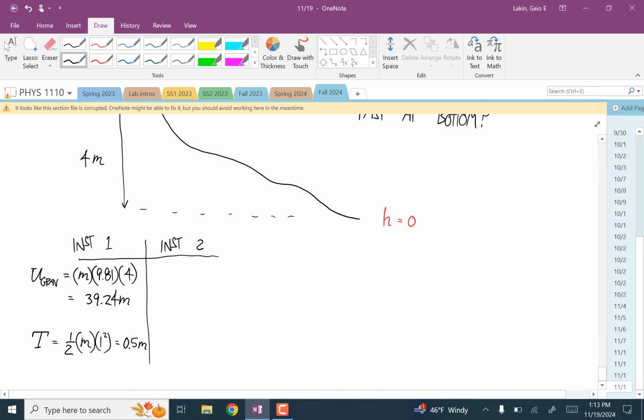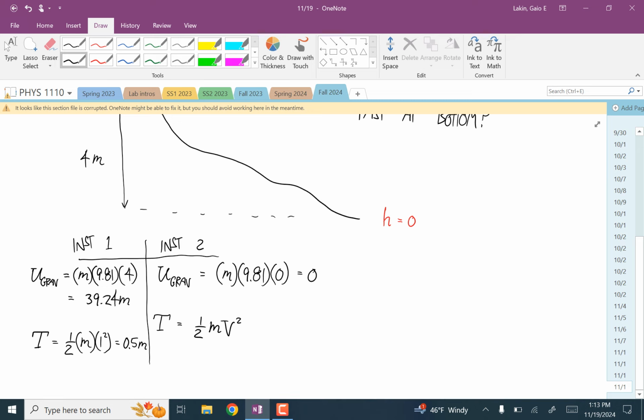And then at the bottom of the hill, the gravitational potential energy is m times 9.81 times a height of 0. So this all becomes 0. And then the kinetic energy, we're trying to calculate v, so I'm just going to write this as 1/2 times m times v squared. And we're going to hopefully calculate that v.